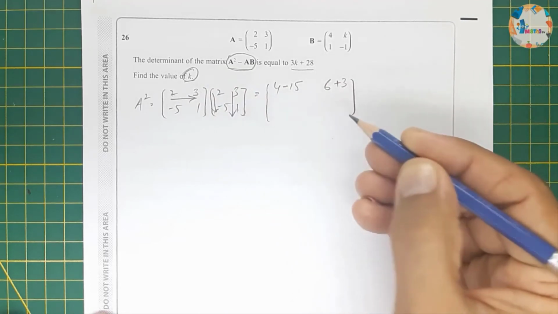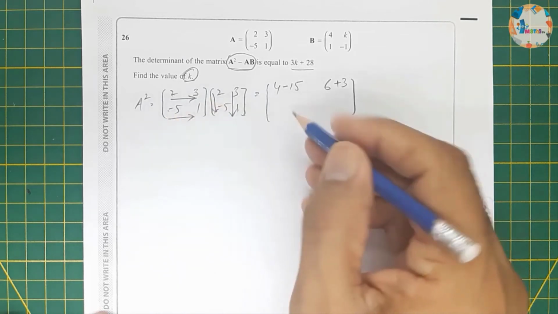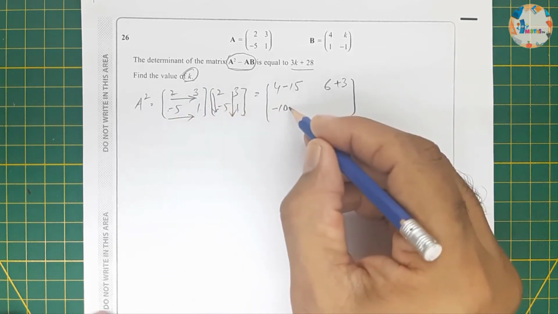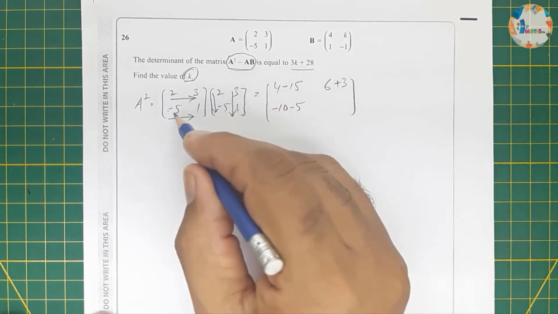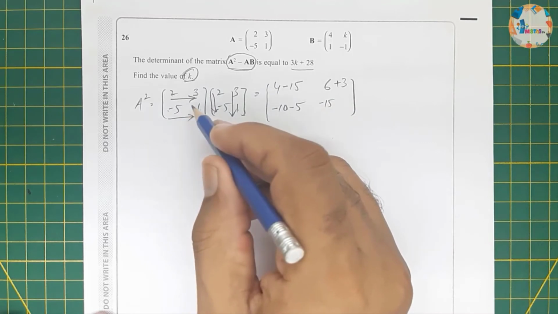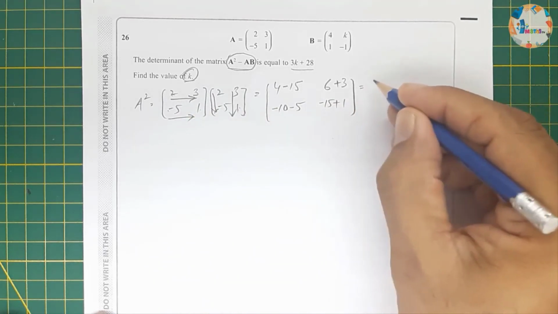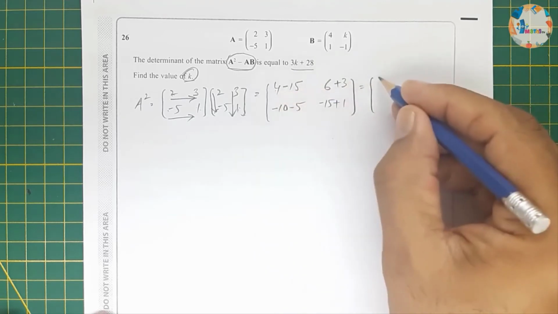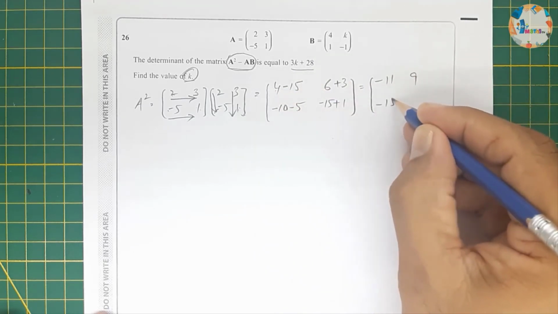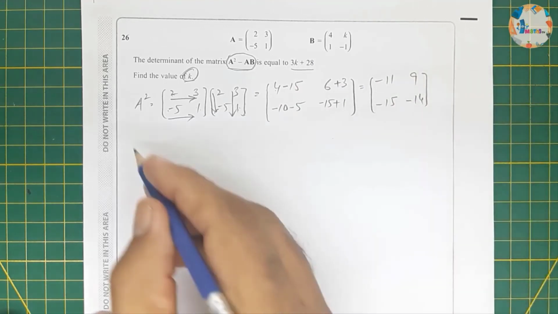And second row, first column, minus 5 into 2 will be minus 10, and 1 into minus 5 will be minus 5. Then minus 5 into 3 will be minus 15, and 1 into 1 will be 1, so plus 1. And if we simplify, this will be minus 11, 9, minus 15 and minus 14. This will be our A square.